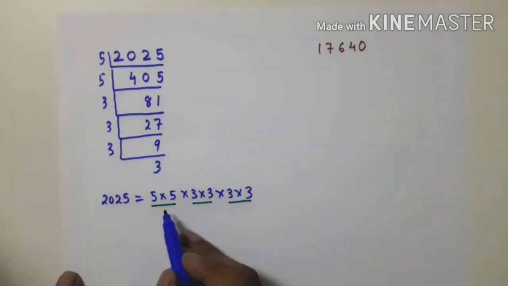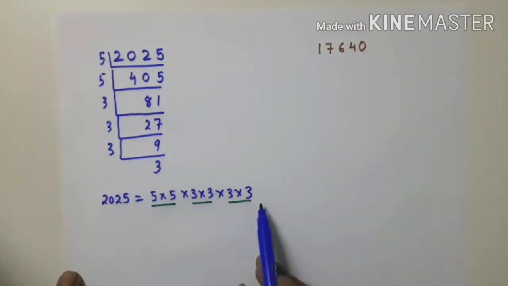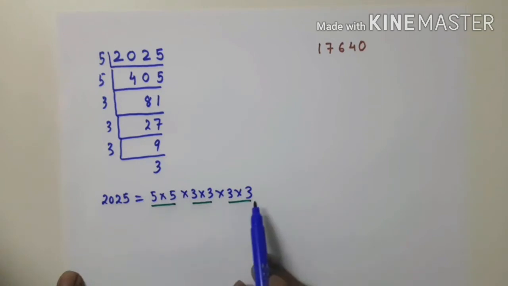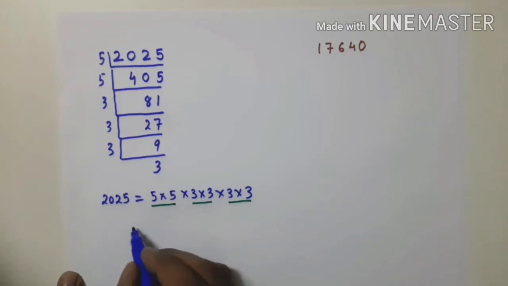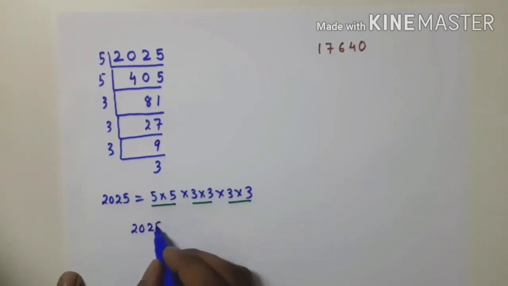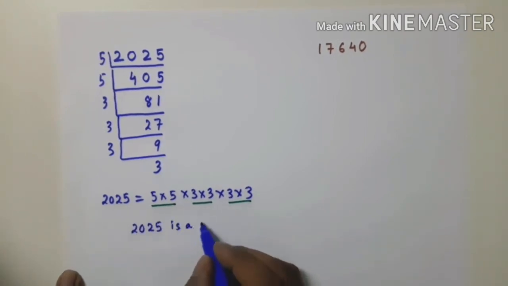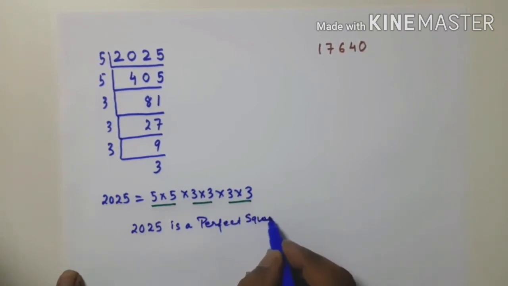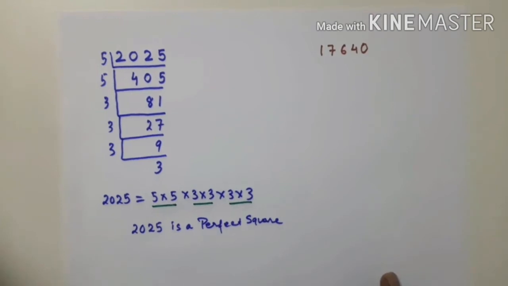Now we see that all the factors are covered and there is nothing left out. We don't have anything single. All are in pairs. Paired means in twins. So we don't have anything single. So we can say that 2025 is a perfect square.